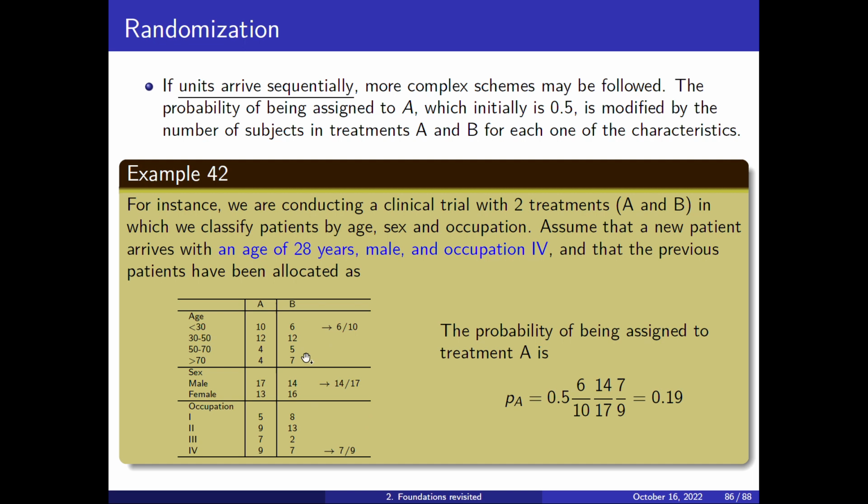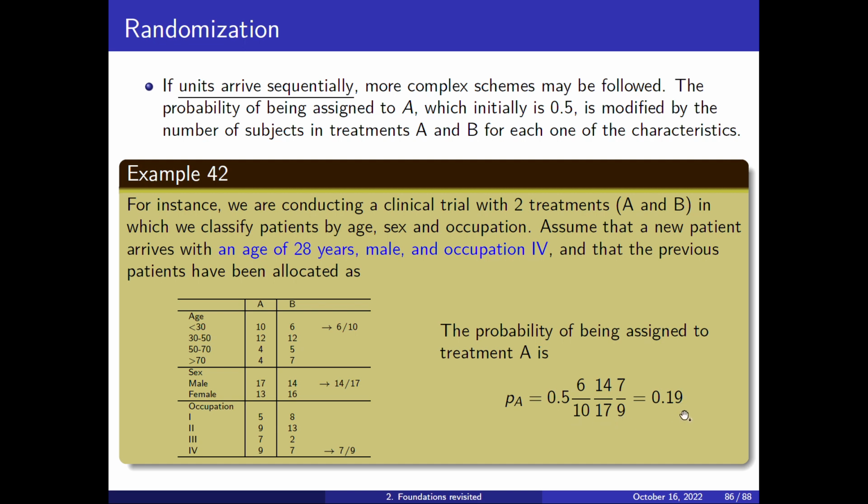And the same for sex: this is a male, and group A is more unbalanced, so we also multiply by a number that is smaller than 1. And in occupation 4, again it is a little bit unbalanced, so again we multiply by a number that is smaller than 1. So the probability of being assigned to A, if you multiply all these, is 0.19.